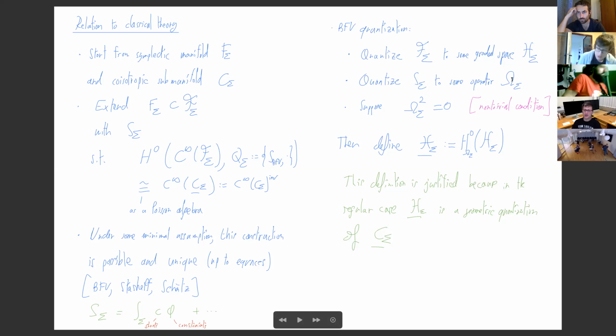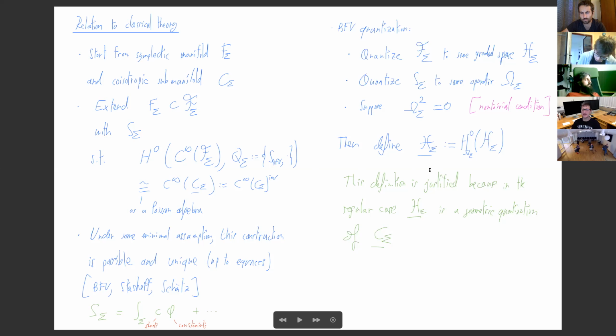Okay, but suppose that we can do that, then we can define a new vector space, right? Just by taking the cohomology of this graded space in degree 0. Okay, so now instead of taking Q sigma as a boundary operator, we take this quantization omega sigma. So this is a quantum version, right? And the idea is that we define this to be the Hilbert space of the reduced phase space.